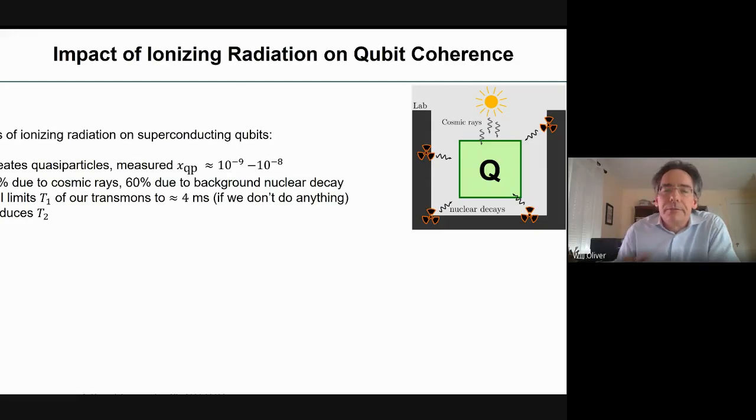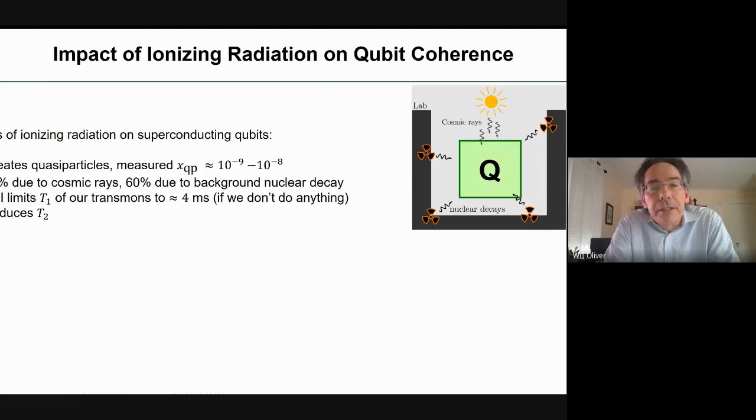It turns out that concrete has a lot of radioactive trace elements that can impact the qubits as well. And I'll just summarize here what you can find in this archive paper by Antti Vepsalainen from our group. Basically, ionizing radiation can lead to quasi-particle densities at the 10 to minus 8 to 10 to minus 9 level.